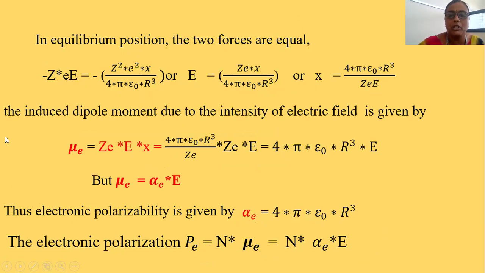The induced dipole moment due to intensity of electric field is given by mu E is equal to ZDE X, and when we substitute this X value in this equation, we will get mu is equal to alpha E. This 4 pi epsilon naught R cube is known as your electronic polarizability, so mu E is equal to alpha E times E. Thus, electronic polarizability is given by alpha E is equal to 4 pi epsilon naught R cube.